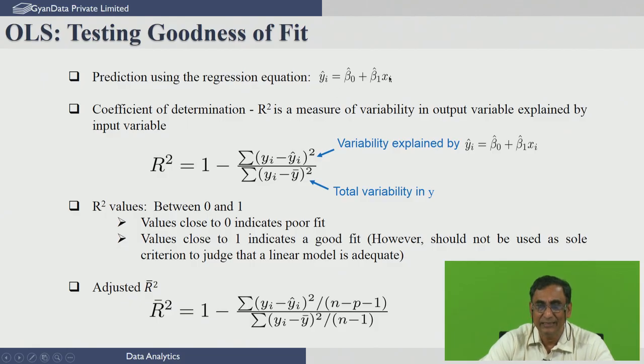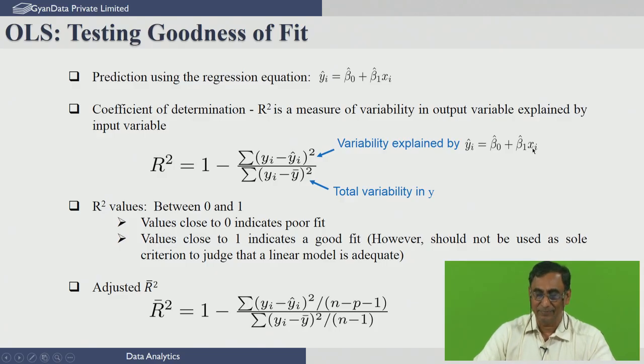If xi had an influence on y, then I should be able to reduce its variability, I should be able to do a better prediction, and the difference between yi and yi hat should be lower if xi had a strong influence in determining y. So the numerator represents the variability which is not explained by the explanatory variable xi, the independent variable.